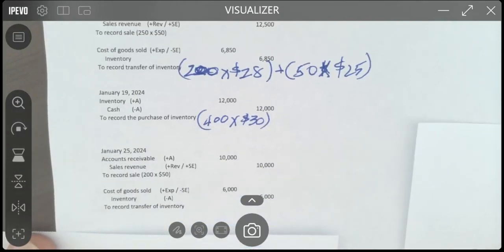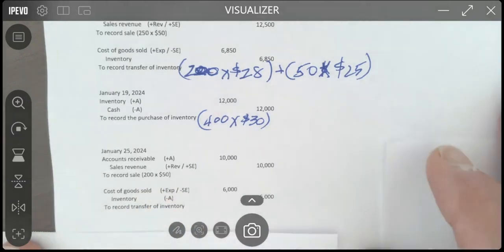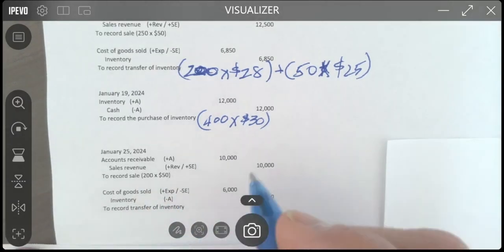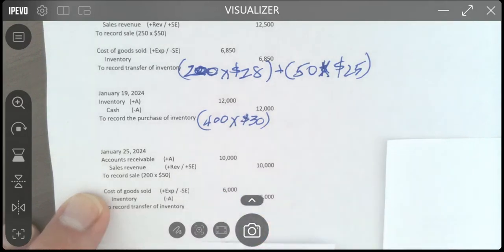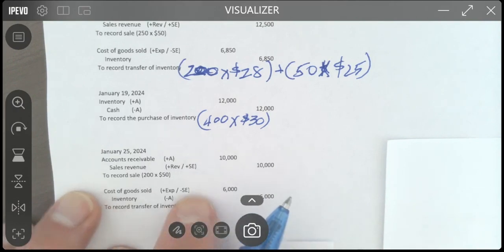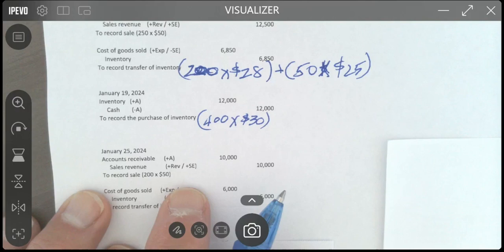And then there is our January 25 sale, again under last in, first out. Now, there was 250 sold. I'm sorry, there was 200 sold.